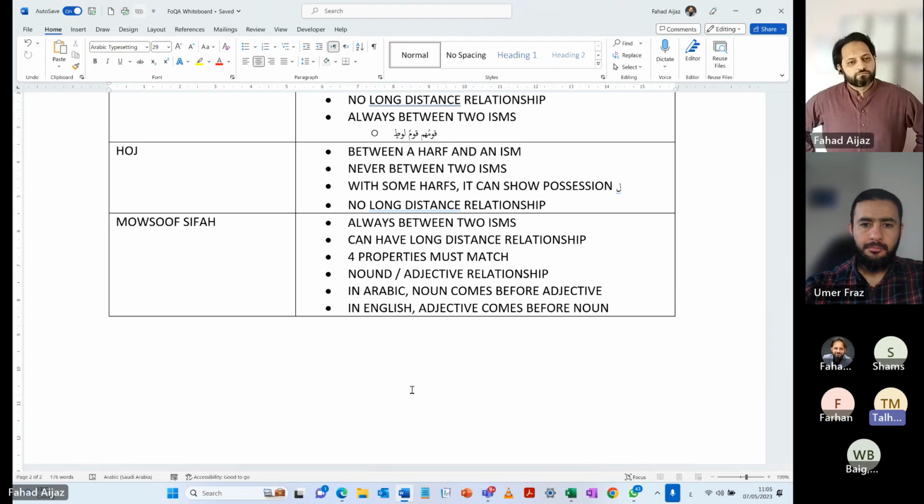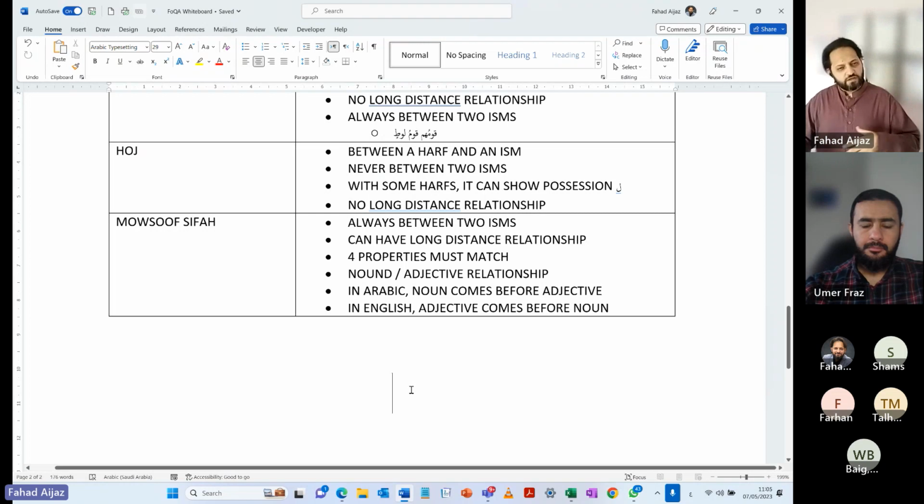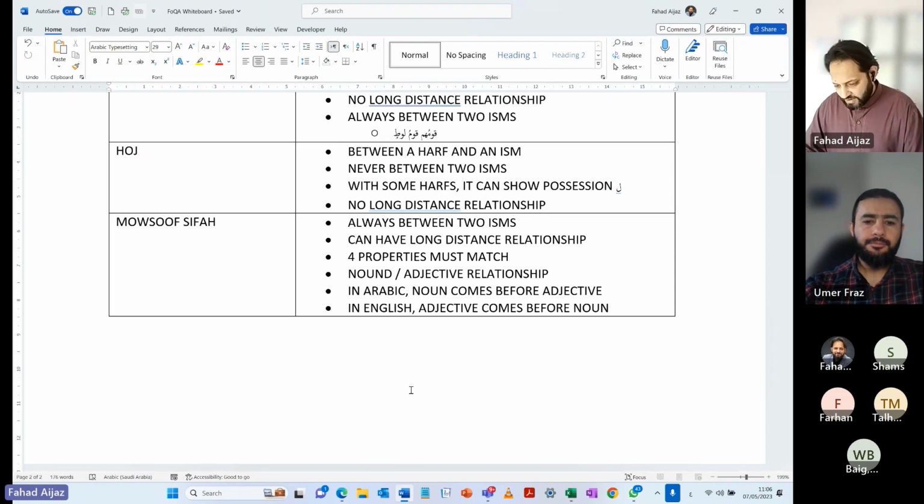It can be harf of jar, it can be idafa, they can be together. It will fluctuate. There would be multiple idafas together. Many times there would be harf of jars and idafas, then sometimes mawsuf sifas. So that mix-up can happen.